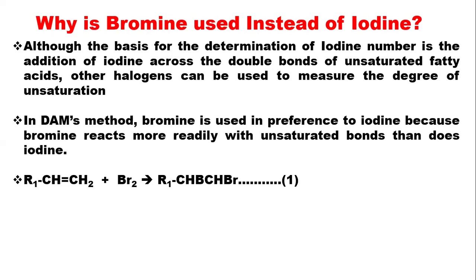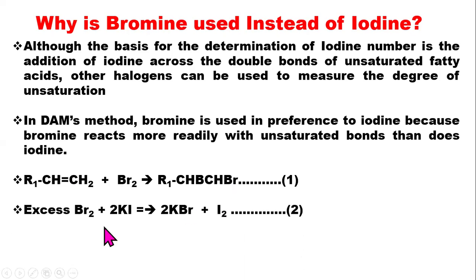Damm's reagent is allowed to react with a known amount of the fat in chloroform, and the excess bromine can then be determined. In equation 1, we have unsaturated fatty acid reacting with bromine to give the addition product. The excess bromine can be determined by carrying out a titration with potassium iodide, and you have potassium bromide, and iodine is liberated.